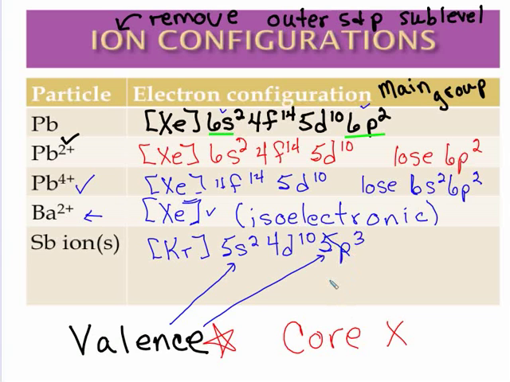So if we lost the 5p3, we'd have antimony 3+. And that is one of the main charges of antimony. Now, if we lost both the 5s2 and the 5p3, we'd have antimony +5. So those would be our ions for antimony.